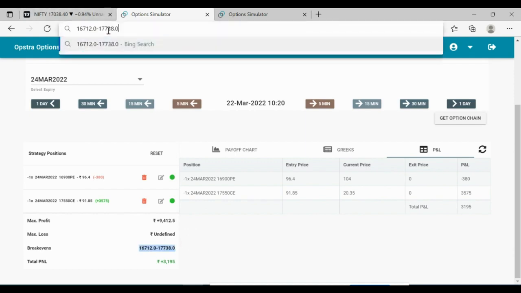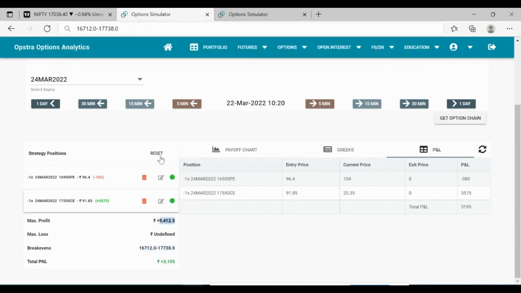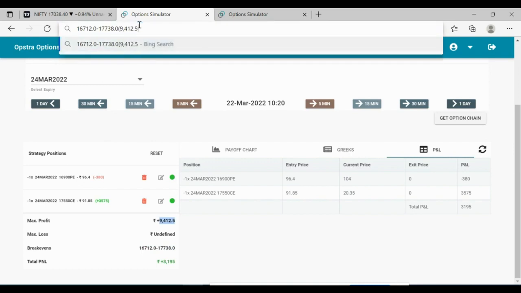I'm making a note: on the day of deploying the triangle we got a range of almost 1020, with 500 points of safety on the downside and 500 points on the upside. The maximum profit was, and this is very important, this was the original trade.